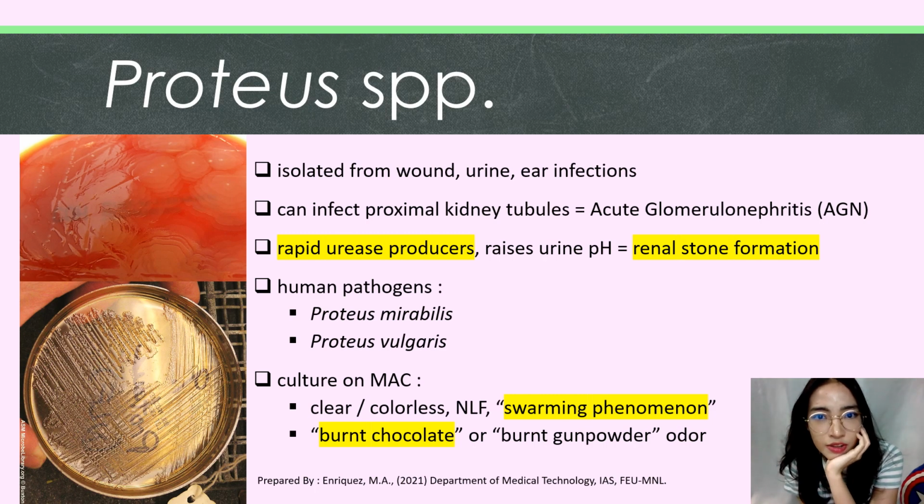There are many other species, but only these two are considered as human pathogens. So Proteus mirabilis and Proteus vulgaris. Ayan po. So, huwag kakalimutan yung mga characteristic colony descriptions nila. They produce clear, non-lactose fermenting colonies with a swarming motility on MAC, as we can see here in this picture.